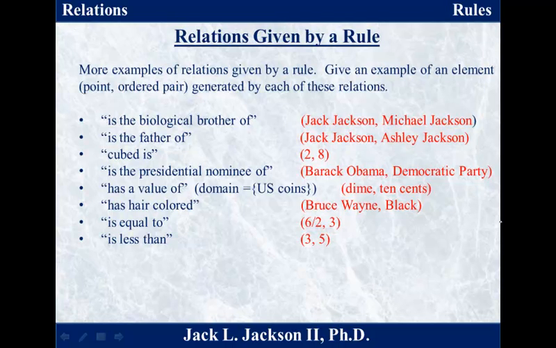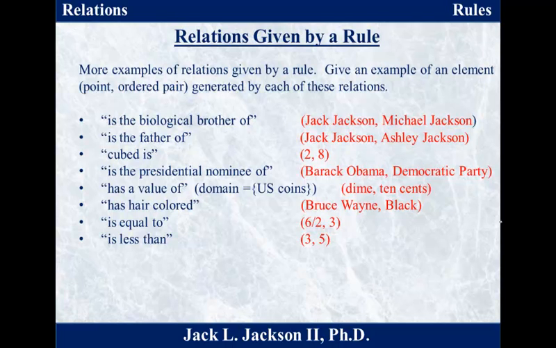So here's some examples. Jack Jackson, Michael Jackson. Jack Jackson is the brother of Michael Jackson. Is the father of: Jack Jackson, Ashley Jackson. Jack Jackson is the father of Ashley Jackson. Cubed: 2, 8. 2 cubed is 8. Is the presidential nominee of: Barack Obama, the Democratic Party.